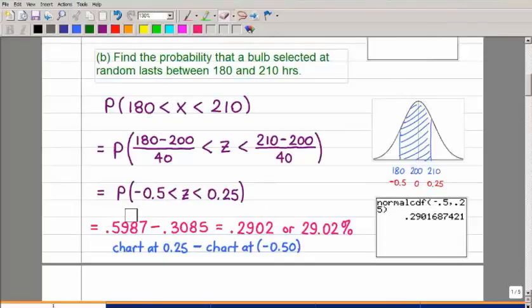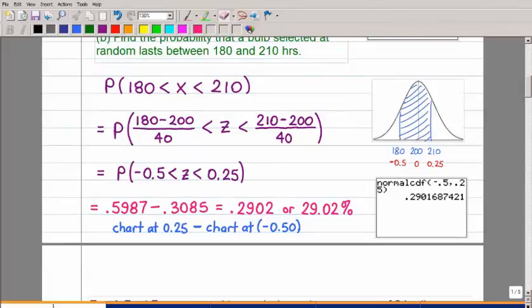So 0.5987 minus 0.3085 gives us 0.2902. So roughly speaking, we have an approximately 29% chance that we would pull a light bulb out at random and it lasted between 180 and 210 hours. That's what we just calculated.